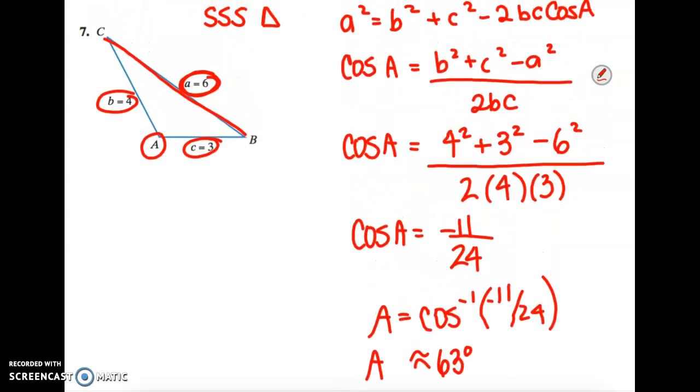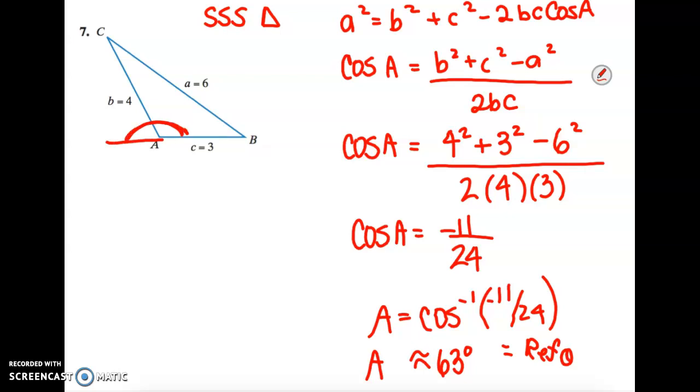I want you to go back to this triangle. That angle is an obtuse angle. It's more than 90 degrees. So this is considered our reference angle. So the sum of these two angles is 180 degrees. So if we want to find angle A, this piece here is our 63 degrees. How do we find angle A?